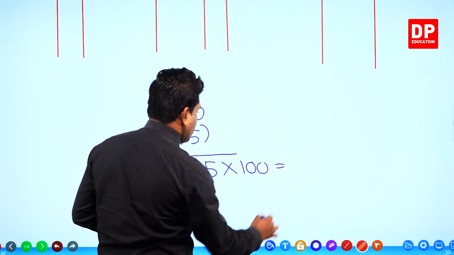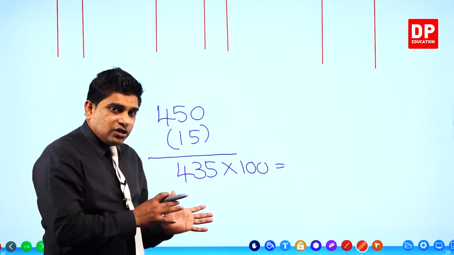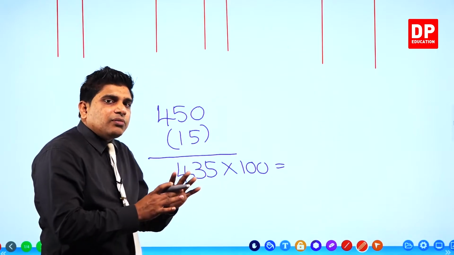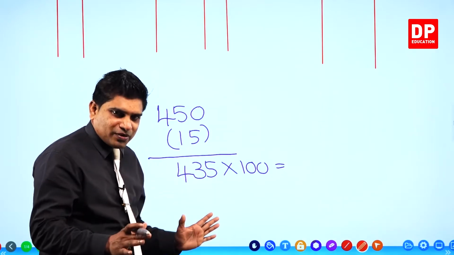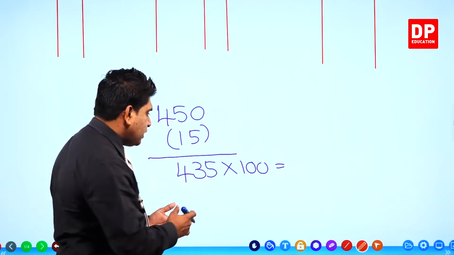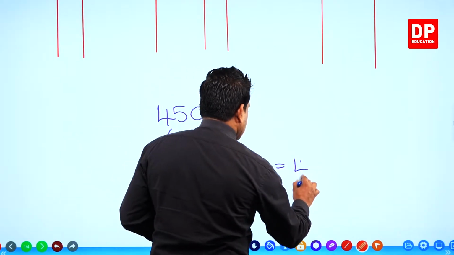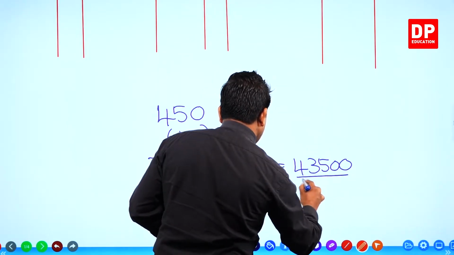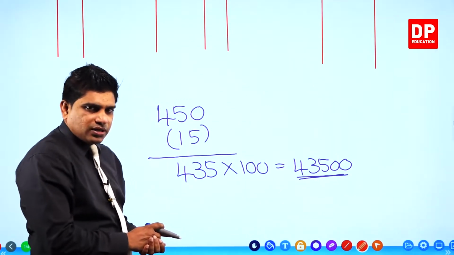Then how much money was received from members? We need only the money we have received. Then 43,500. This is the money received from members.